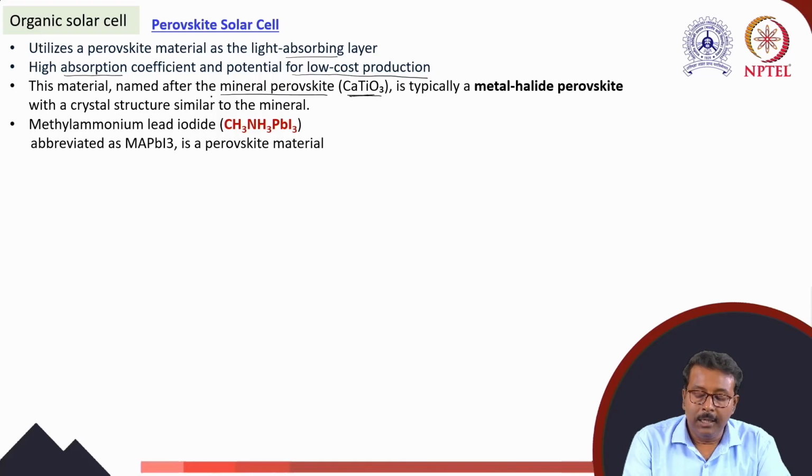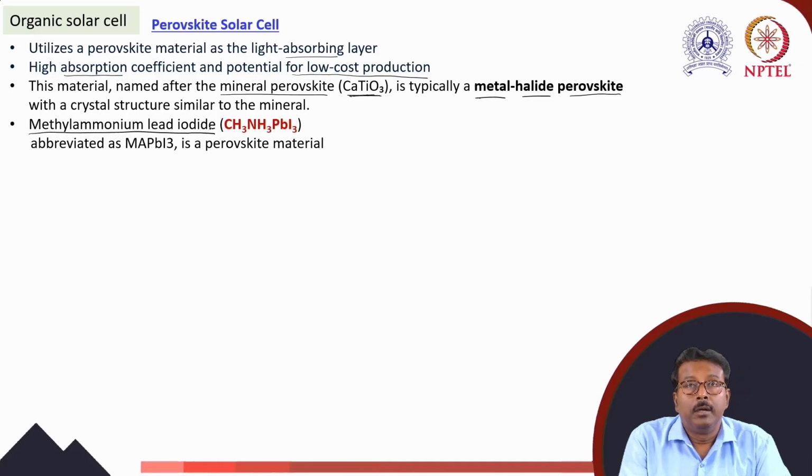This material, named after the mineral perovskite CaTiO3, is typically a metal halide perovskite with a crystal structure similar to this mineral. Methyl ammonium lead iodide, CH3NH3PbI3, is the very common perovskite material used for perovskite solar cells.